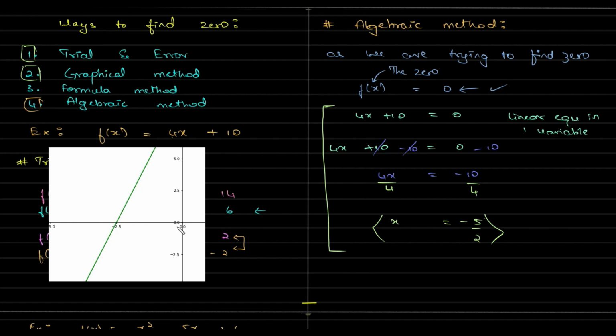So you can see this is your y-axis, that's your x-axis, and here is your green line. The green line indicates your f of x is equal to 4x plus 10.